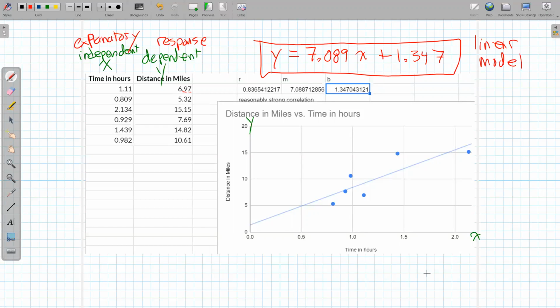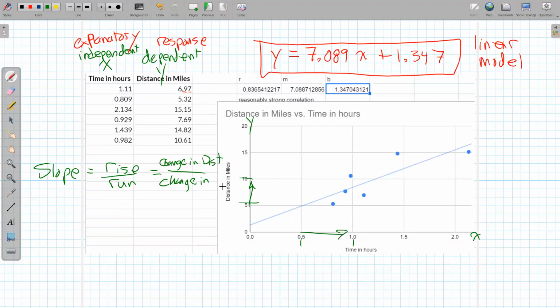All right, so what does this equation tell me? So let's think about the slope for a moment. What is slope? Slope is rise over run. Well, what's my rise here? Well, my rise is a change in distance. And my run, going this way, that's a change in time from here to here.